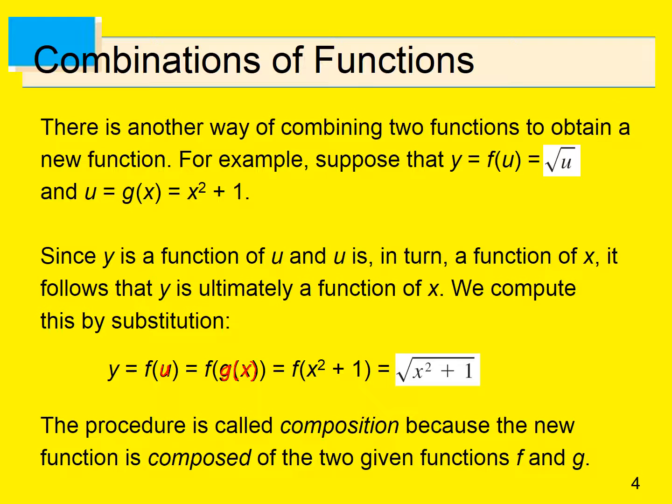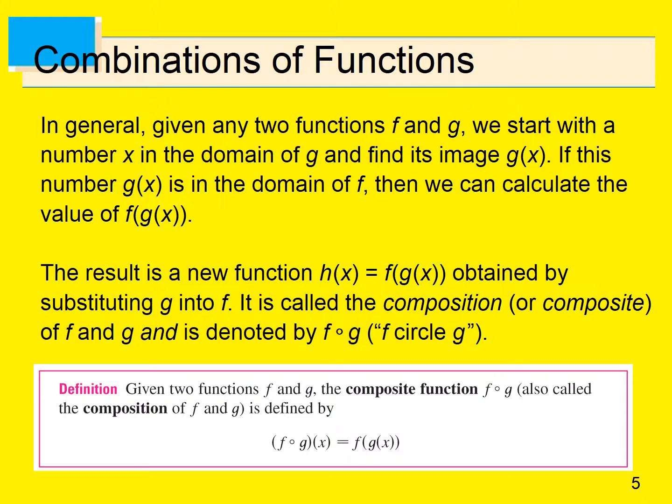Composition of functions. In general, given any two functions f and g, we start with a number x in the domain of g, and find its image, g of x, right? What's the output? What's the image?